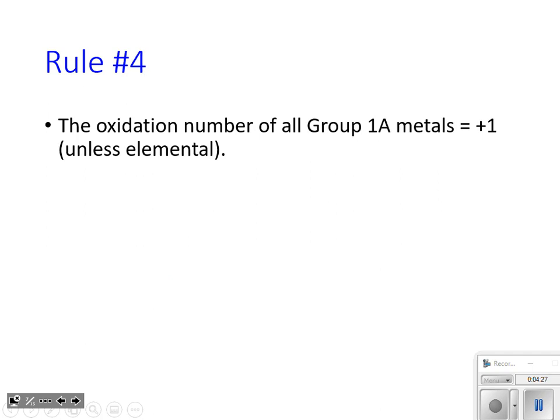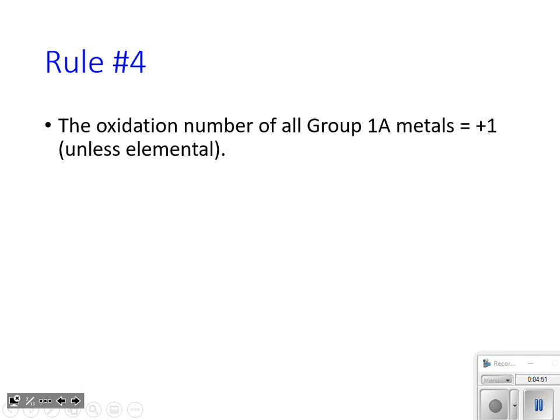Rule number 4 states that the oxidation number of all group 1A metals is +1. So the alkali metals, group 1 metals, are all +1 unless they are by themselves, unless they're in their elemental form, then it would be 0. Revert back to rule number 1. Okay?